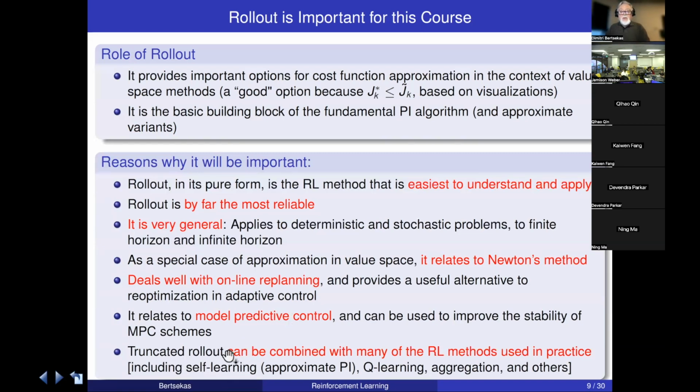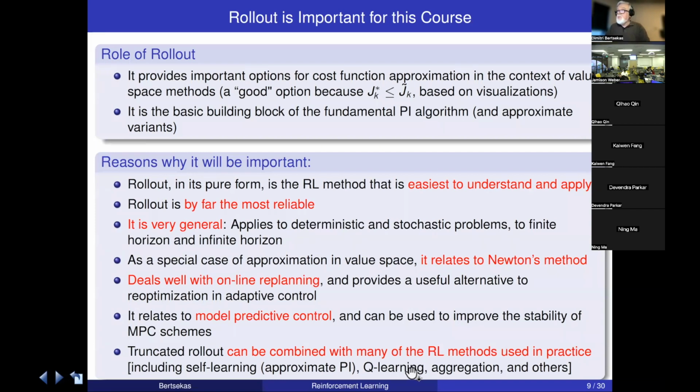Finally, truncated rollout can be combined with many of the other reinforcement learning methods, such as self-learning, Q-learning, aggregation, and others, in two ways. Truncated rollout can use as terminal cost approximation whatever these other methods produce.